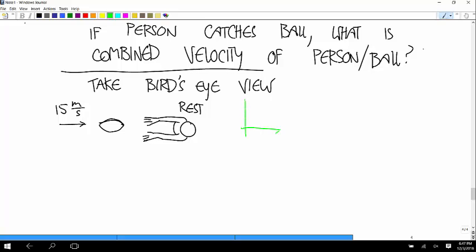Now in neither of these two axes is there any external net force acting. So there's no net force on the system in this coordinate system.